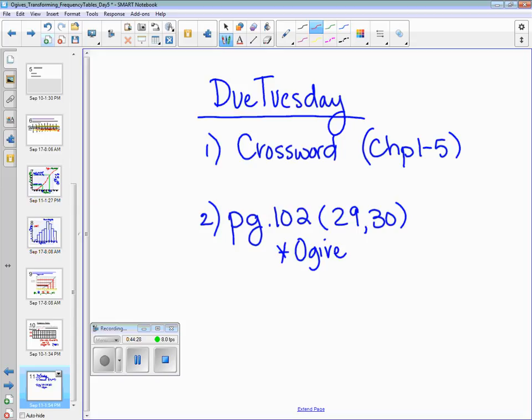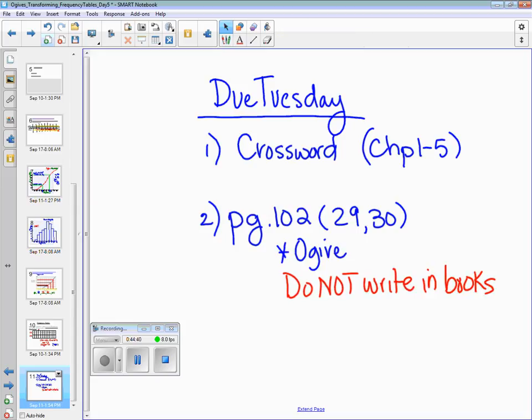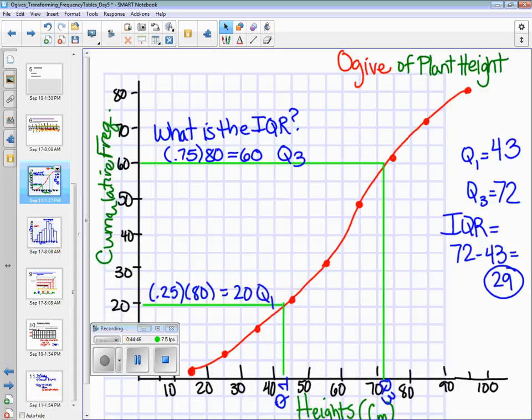Do not write in these textbooks. They are brand new. So I think it's a good idea to use the edge of a sheet of paper. If you look back at the ogives and what we did, can you imagine if there was a corner here and you could see where it hit the bottom?